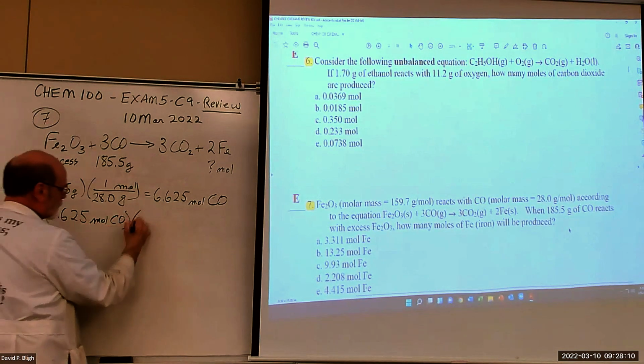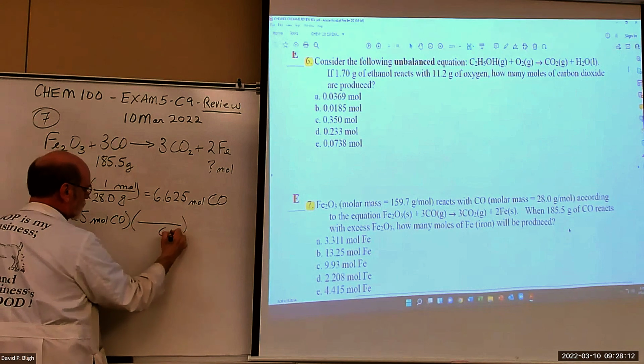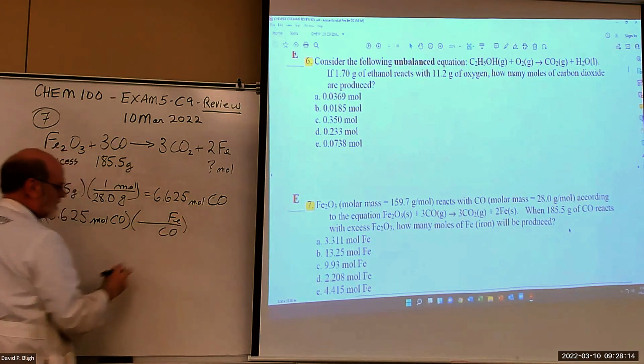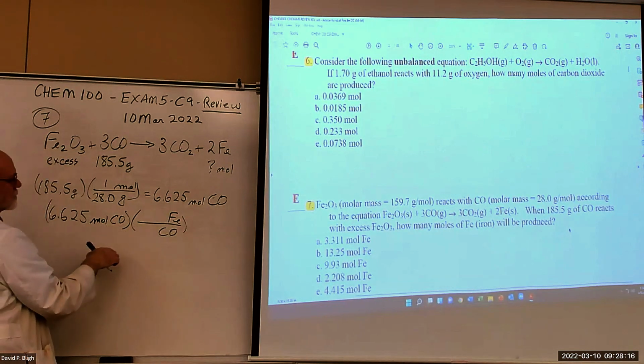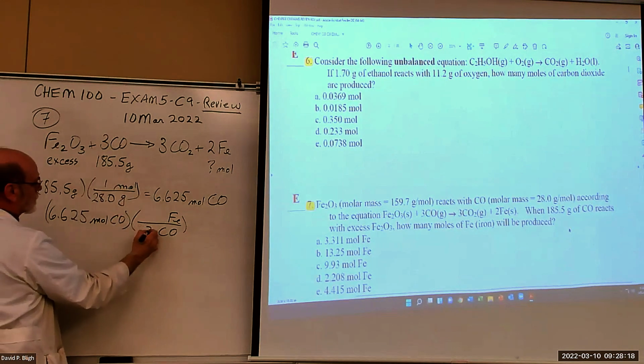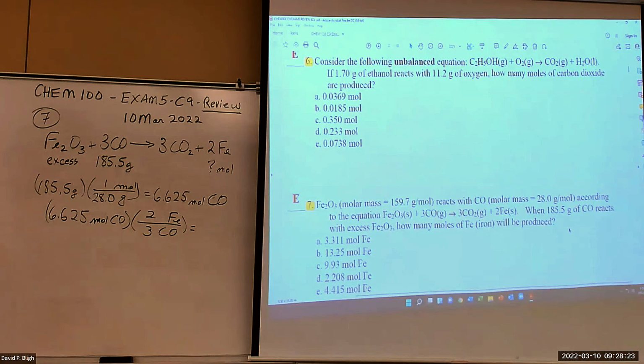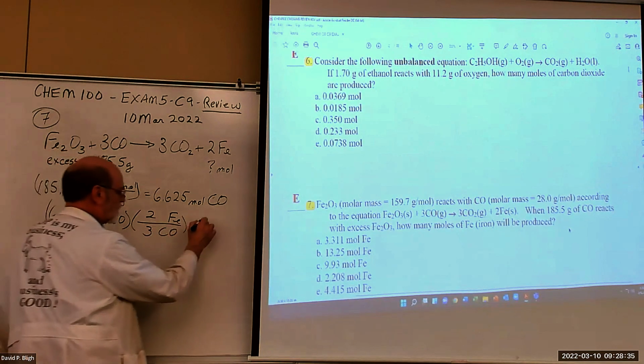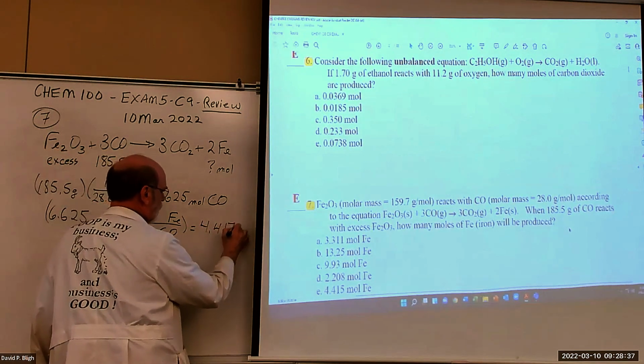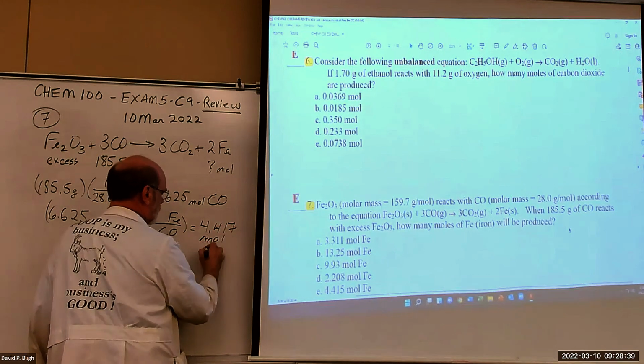And the conversion factor is in the balanced equation. Carbon monoxide is 3, iron is 2. So we take 2/3 of that value. And I get 4.417 moles of iron.